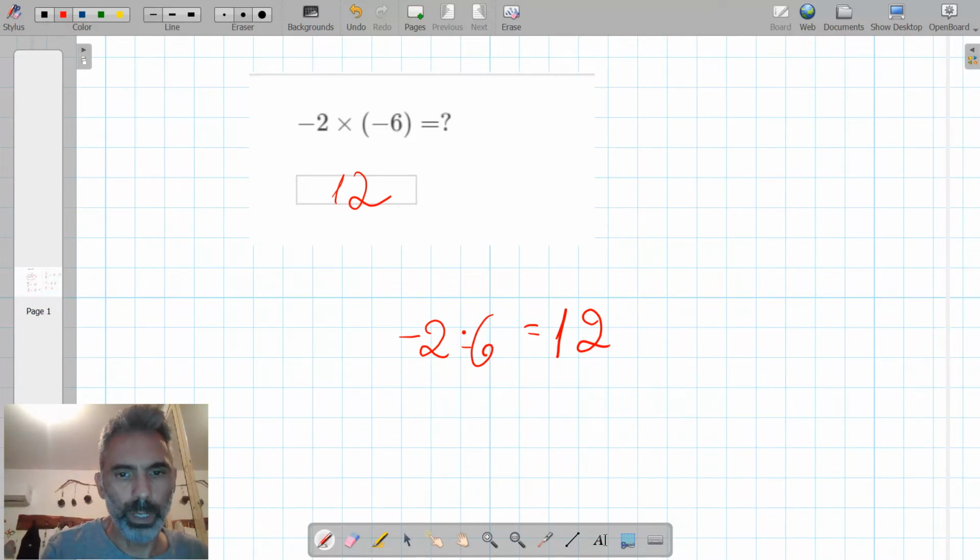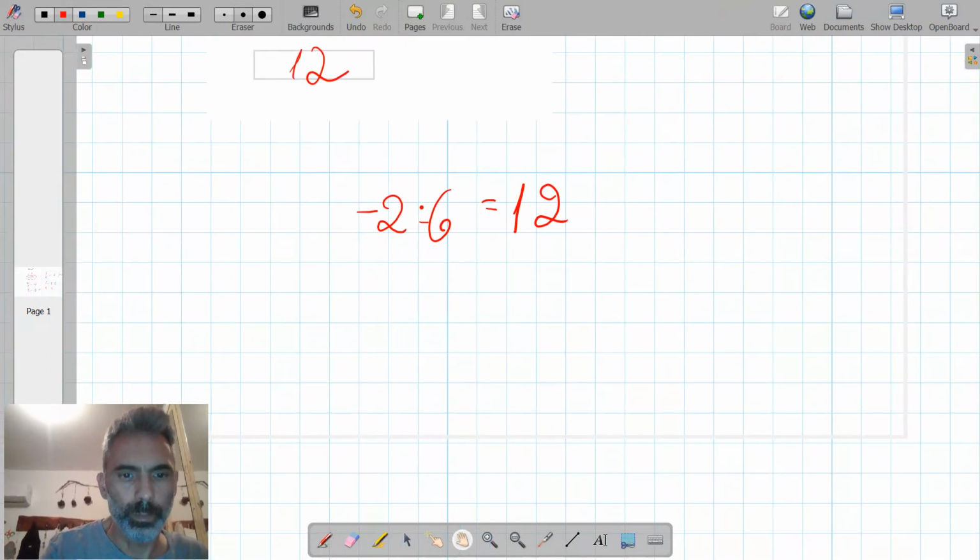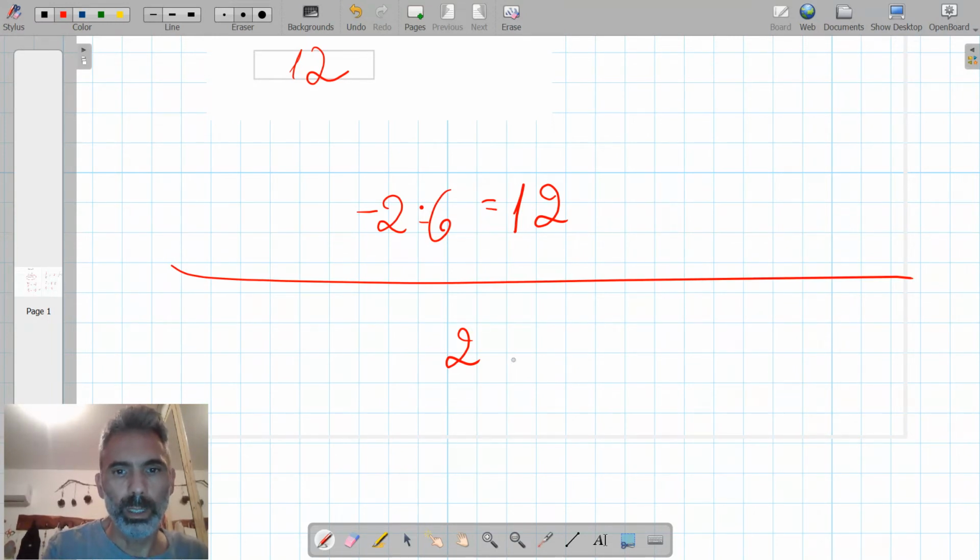And just to remind you of the explanation for why a negative times a negative is positive, let's take, for instance, 2 times, and in parentheses I will put 3 minus 3.